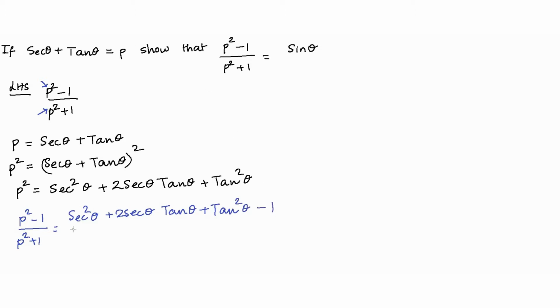And in the denominator, I should have p square plus 1. So again, let me write my p square. It is sec square theta plus 2 sec theta tan theta plus tan square theta plus 1, right? And now let's see if some simplification is possible. You will notice that sec square theta minus 1 is tan square theta.